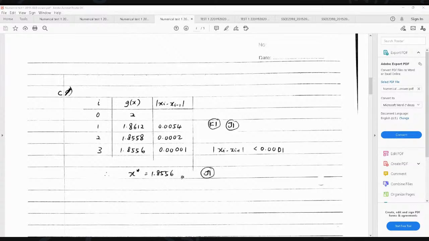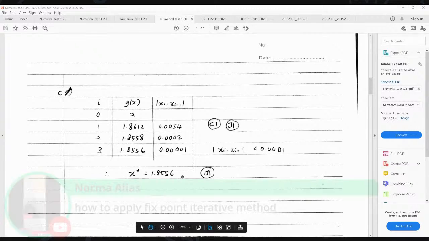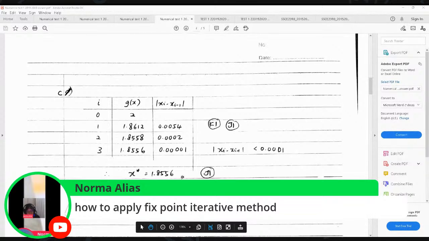So my question here is, how to apply the fixed point iterative method? The answer is you need to first find g prime(x) between negative 1 and 1.